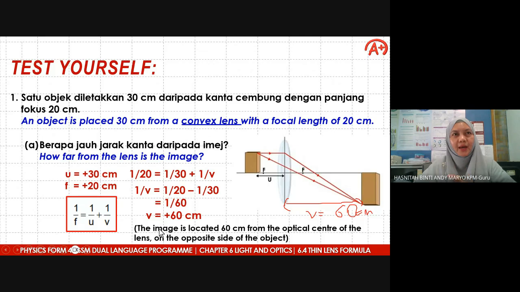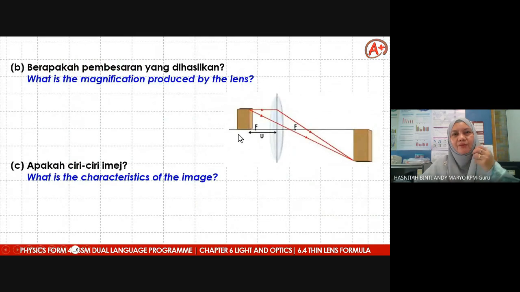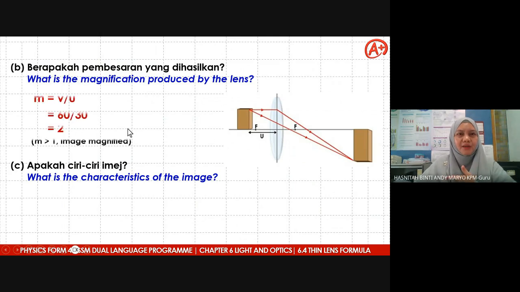Or you can find M equals HI over HO. So in this case, we have V, we have U, so we can find the magnification produced. So M equals V divided by U. V is 60, U is 30. So the answer is 2. So what is meant by 2 here? Remember, when M is greater than 1, we understand the image is magnified.